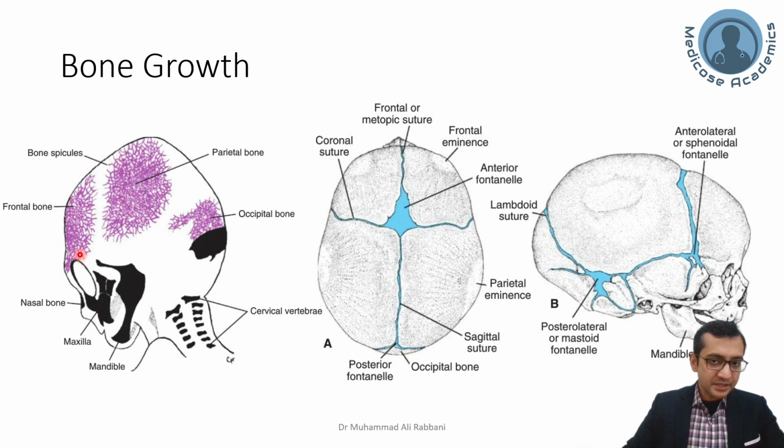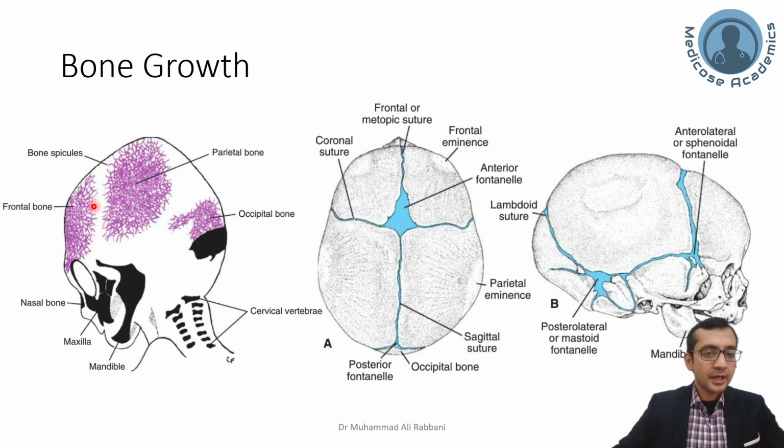Initially, the mesenchyme arranges around the future site of the bone in form of membranes, and then a single point starts where the ossification starts, the ossification center, and like a freezing crystal, it continues to expand until it reaches the next bone and next ossification center where they meet.